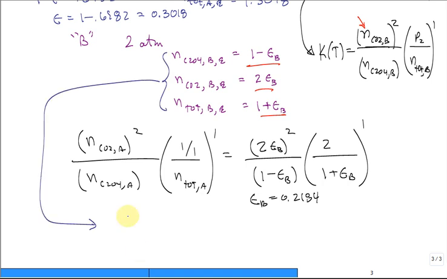We'll have the number of moles of carbon dioxide for this new case at a higher pressure of 2 atm is going to be 0.437 kilomoles, and the number of moles of C2O4 is going to be 0.782 kilomoles.